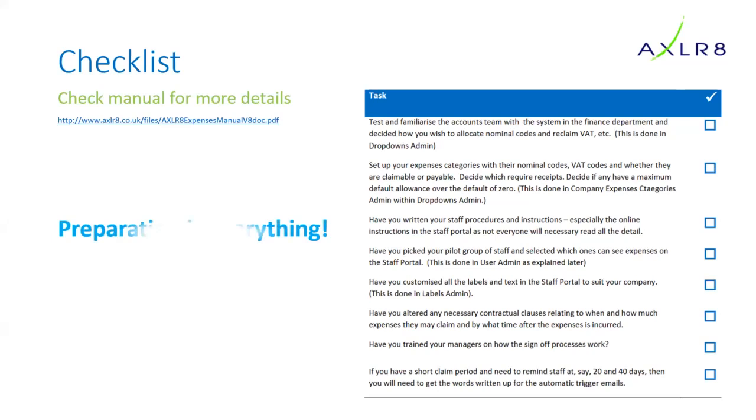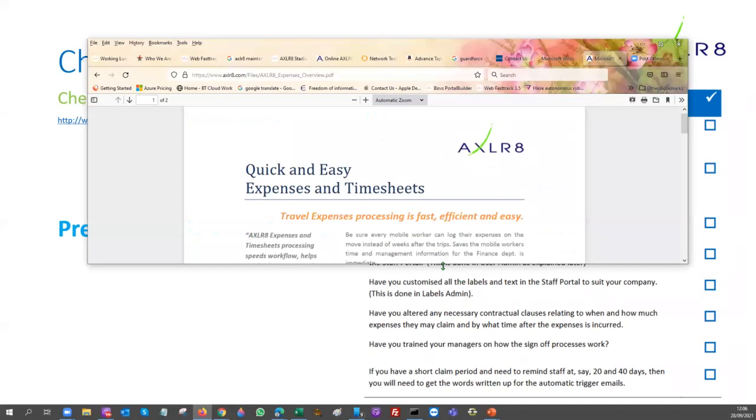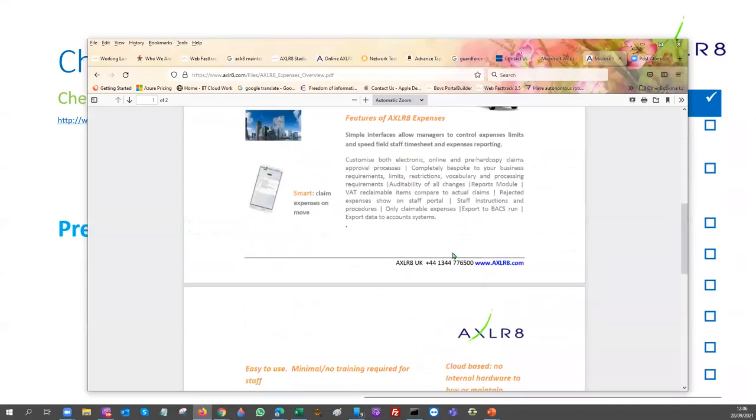Absolutely everything. So in the manual, and I have somewhere around here copies of the manuals to show you, they were in links on the, let's just go and get them. Just go and get this manual here. So you should have got an overview of expenses, which is like a little brochure which just runs through some of the functions.